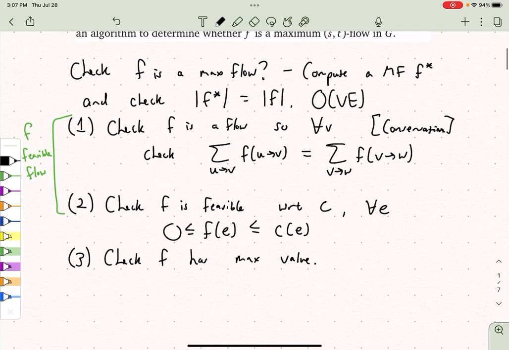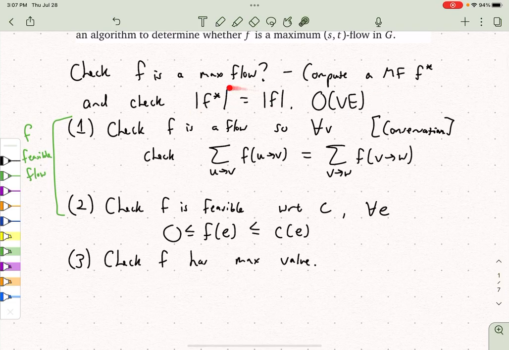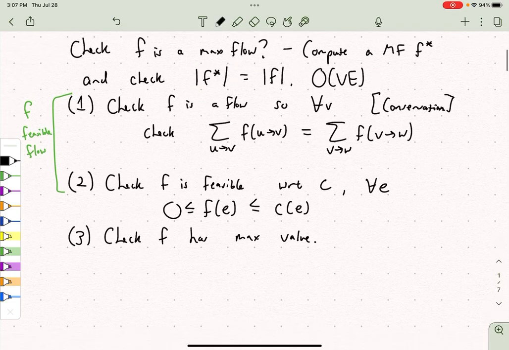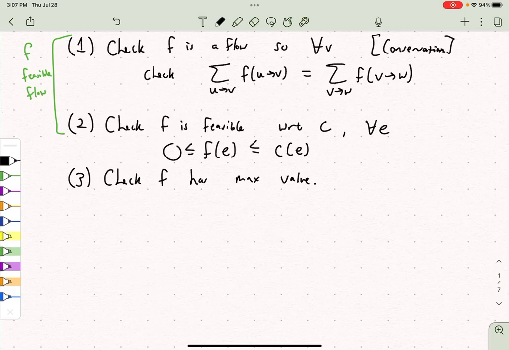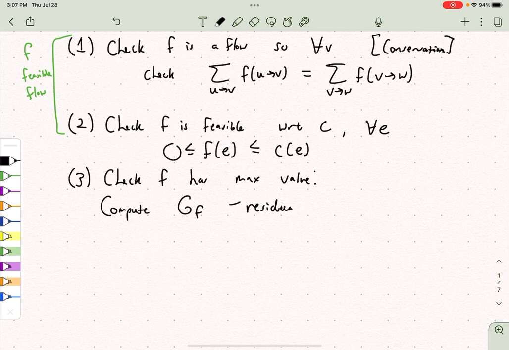We could recompute a max flow, but we don't have to do that, because remember, we can compute the residual graph and check if there exists an s-t path in this residual graph.